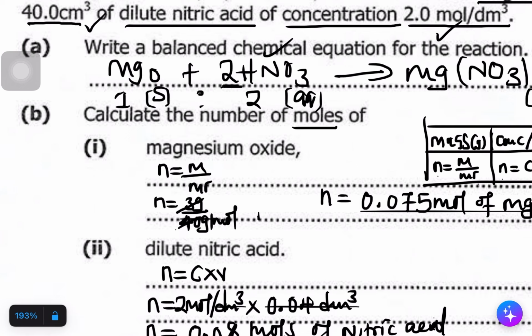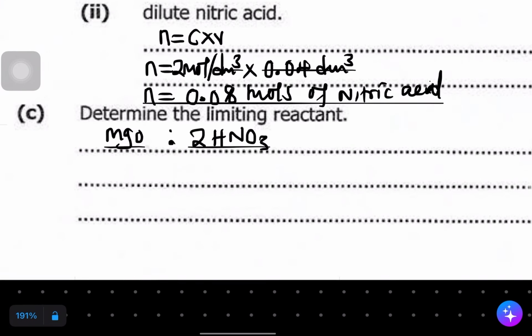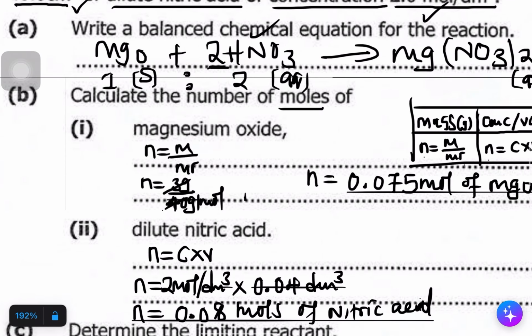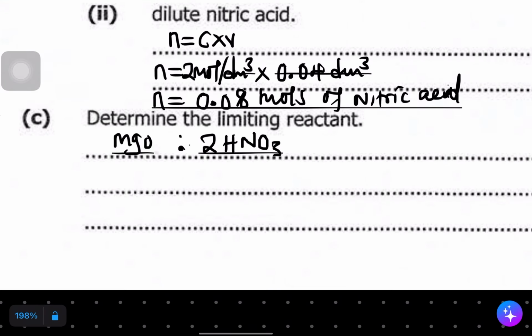So our mole ratio is 1 to 2: magnesium oxide has 1, and nitric acid has 2. Let me write mole ratios 1 to 2, so that you don't get confused. That's the first thing that we start with. And then now we come to moles. Moles are the ones that we use for determining.